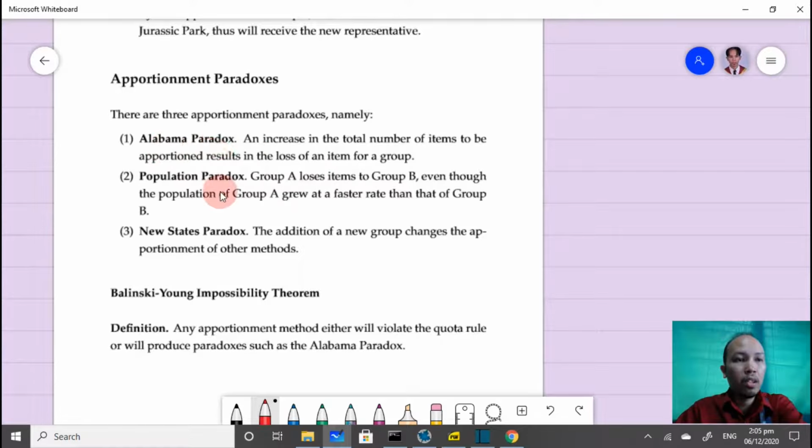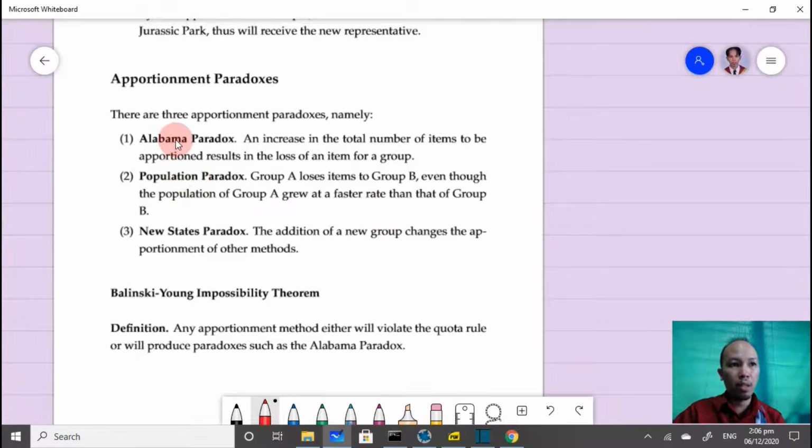In the population paradox, the number of representatives or items is the same, but if you increase the population and someone again loses an item, then you commit the population paradox.